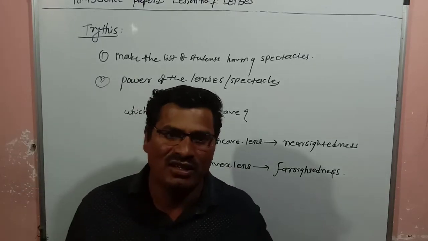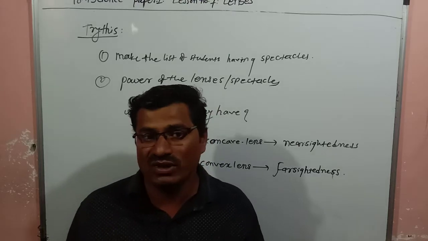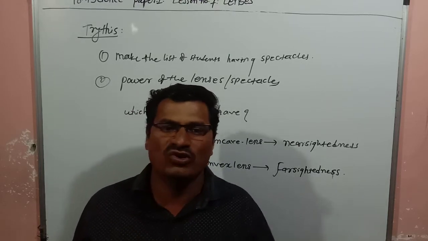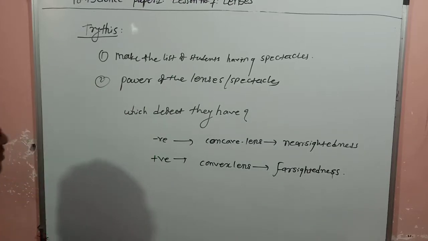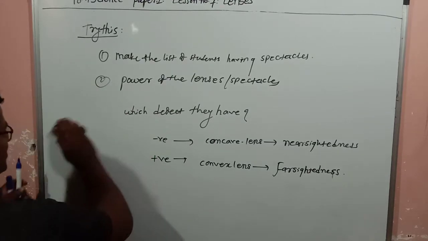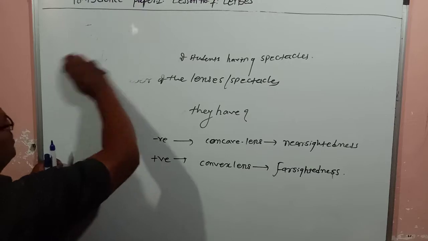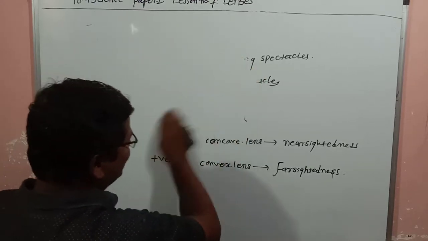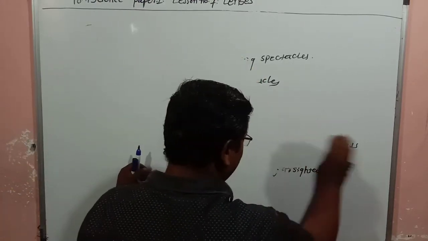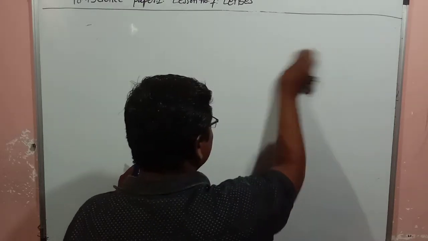After that, the next point we are going to study is the apparent size of the object. So what is the apparent size? Diagrammatically we will study it. It is very easy.